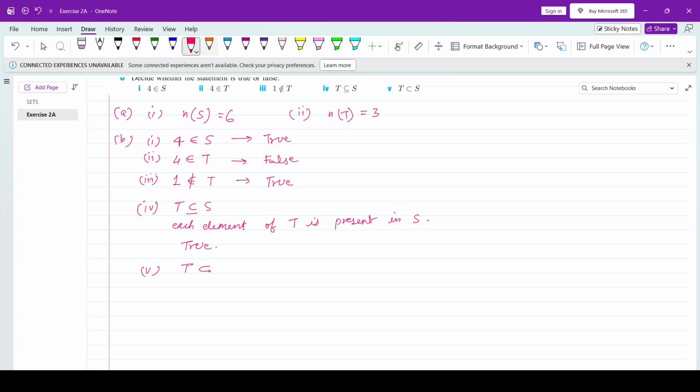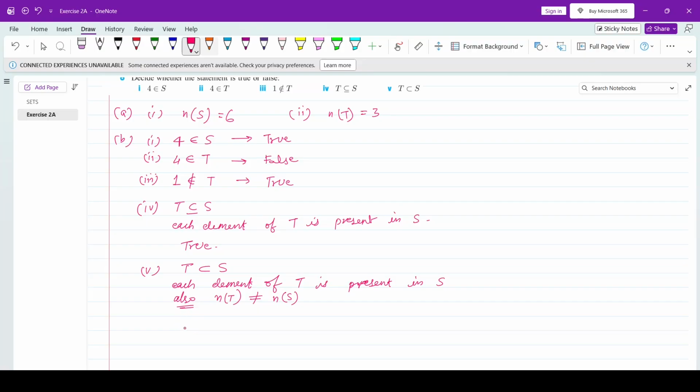T is a proper subset of S. Now what do we mean by this statement? This statement means that each element of T is present in S. Also, the number of elements in T is not equal to the number of elements in S, which is also true.